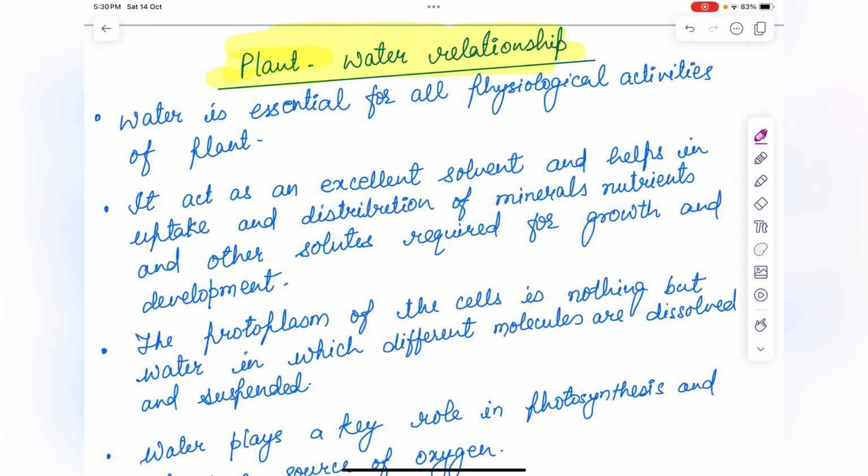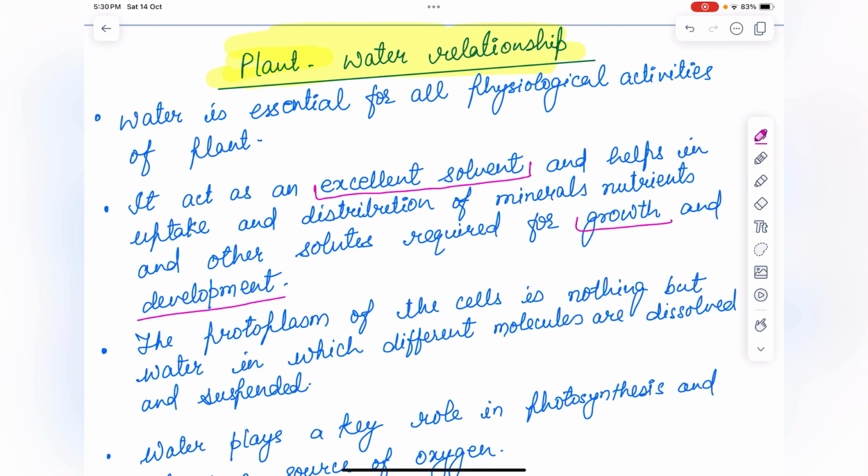It is an excellent solvent in which solutes dissolve, and it helps in transportation.